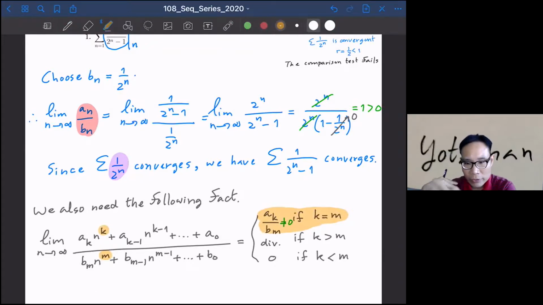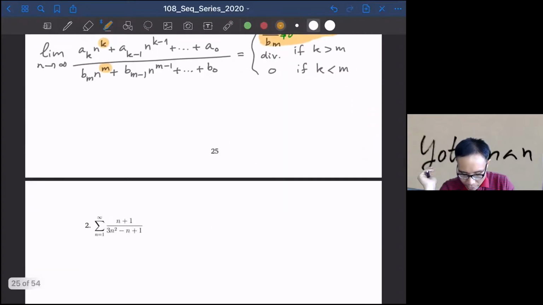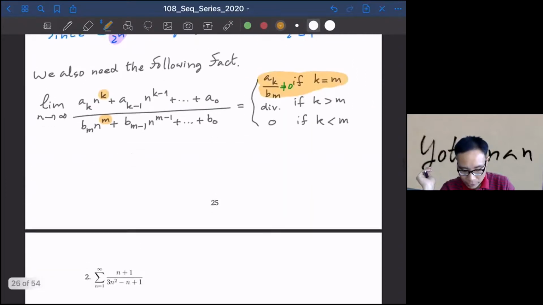This is the key idea that we are going to use, and this just comes from L'Hopital, so you differentiate k times on top and on the bottom, and you reach the conclusion.